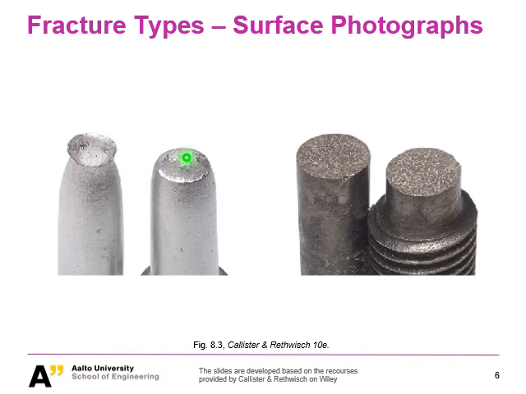You also see the fracture surface is something we call cup and cone, because this looks like a cup and this looks like a cone. That's why it's called cup and cone fracture. And this is a typical behavior of so-called ductile fracture.